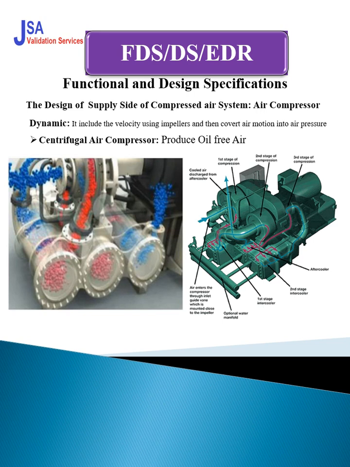Then the centrifugal air compressor, that is the dynamic type that produces oil-free air. It does not use any lubrication or oil; it uses velocity from the impeller. It sucks the air by the impeller and then converts that air motion into air pressure.